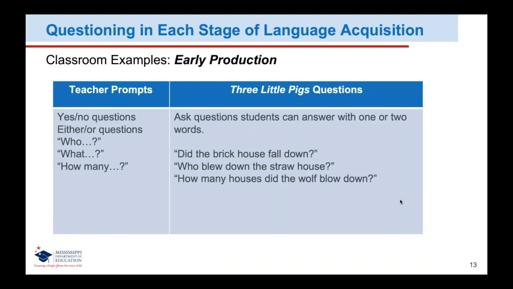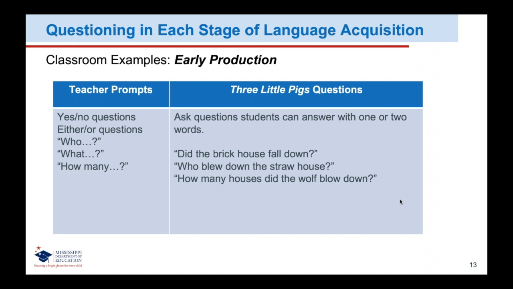Those students who are at that early production stage, who have those 1 or 2 word responses, we can ask them questions that rely upon what they can do. So we can ask them yes or no questions, either or questions, or even something like, who blew down the straw house? They could very simply answer us by saying the wolf.